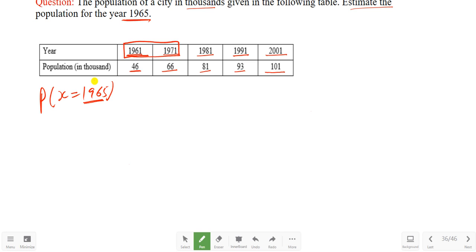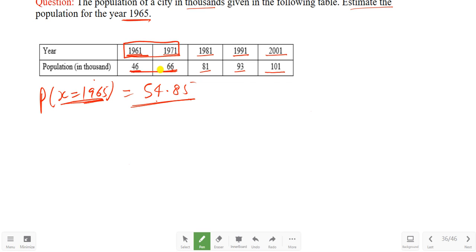So in that case we apply the Newton's forward difference interpolation formula and compute the population in the year 1965. So we obtain 54.885 thousand population, and this value lies between the values 46 and 66. So 54 lies between 46 and 66.